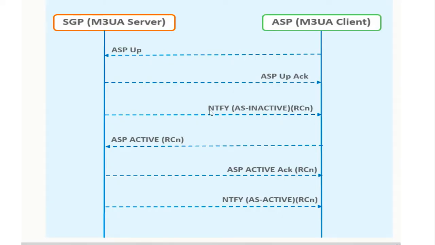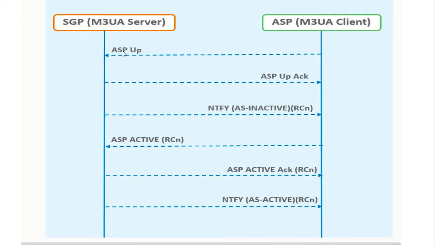Here the ASP is the M3UA client, and the signaling gateway is the M3UA server. What happens? Before that, the SCTP communication happens between these two nodes. First the SCTP establishment happens.